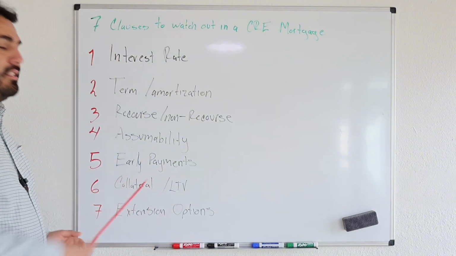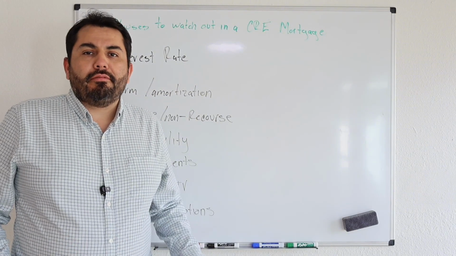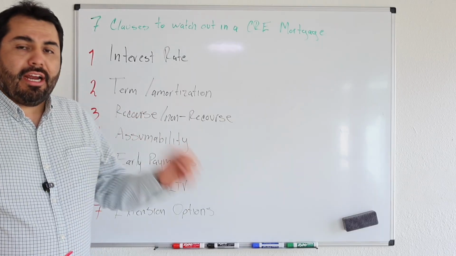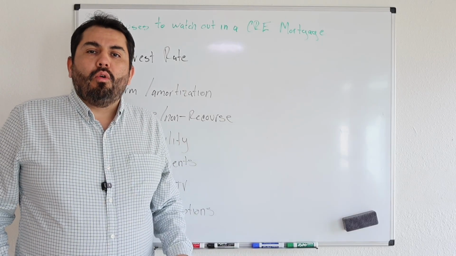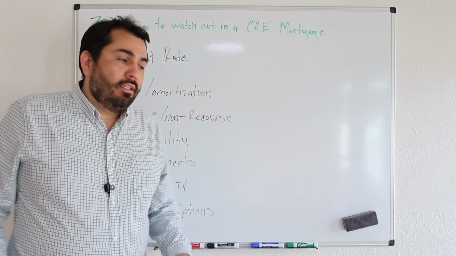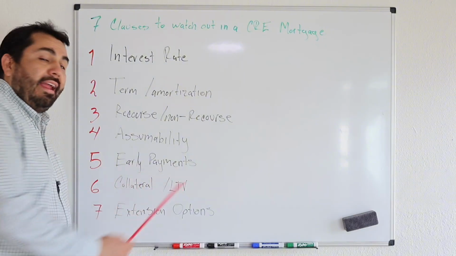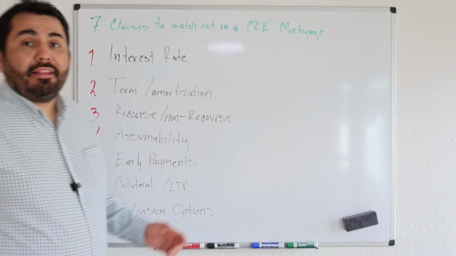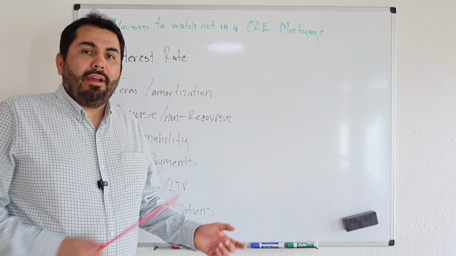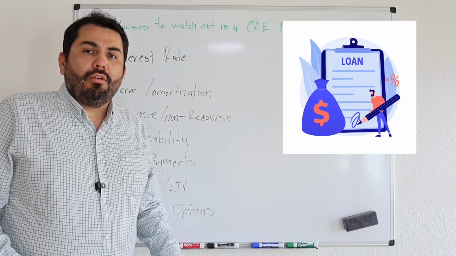But that is not always the case for commercial real estate. They may charge you a fee if you want to pay off all the loan. So you have to watch out for the early payments clause, that they don't charge you a fee when trying to pay off the loan.